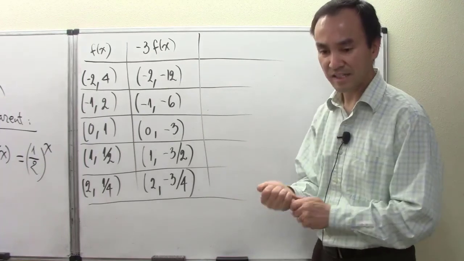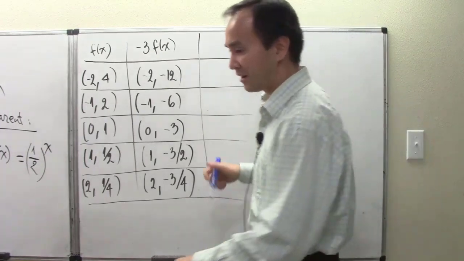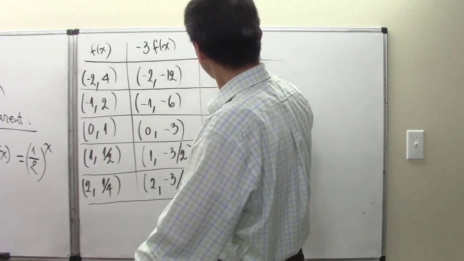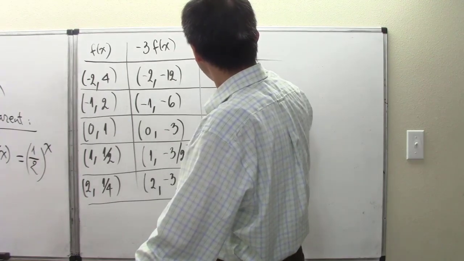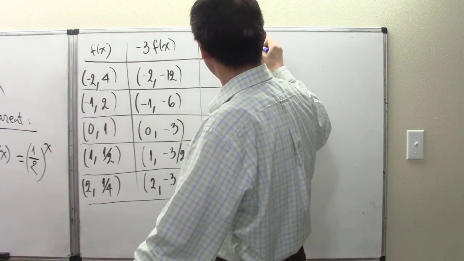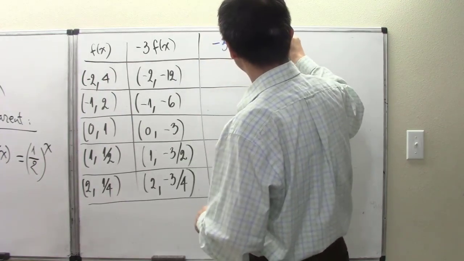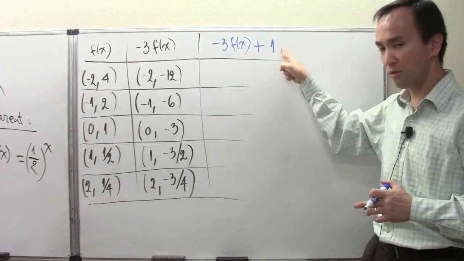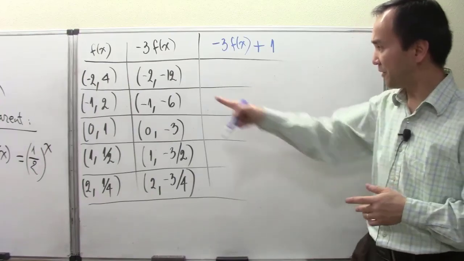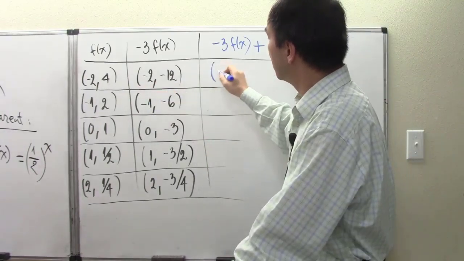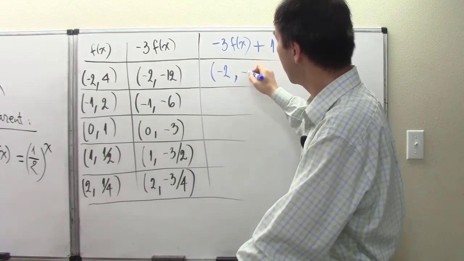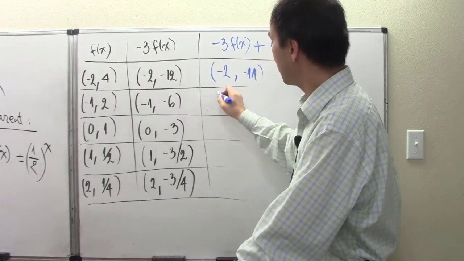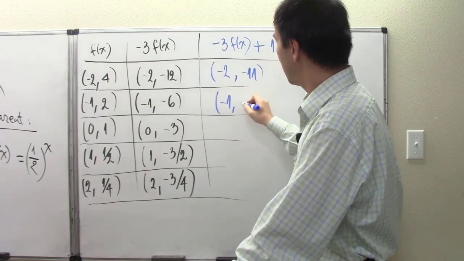And then now the last step is ready for me to kick in. Okay. So now I'm looking at the last one here. The final transformation is to add 1 to every y value, adding 1 to every y value. So the first pair of values becomes -2, nothing was done with the x, -11. The next point becomes (-1, -5).